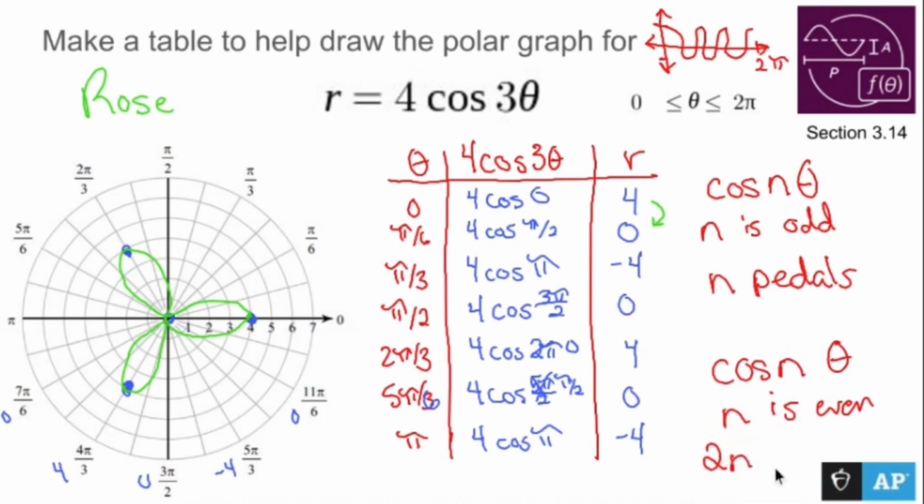So it would be 2n petals. If this was 4 cos 4 theta, you can expect a picture where it's 1, 2, 3, 4, 5, 6, 7, 8 total petals. But this is the typical rose problem. We really rose to the occasion on that one.